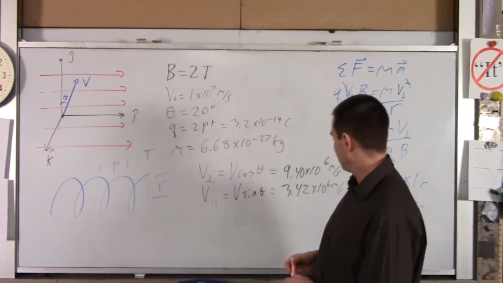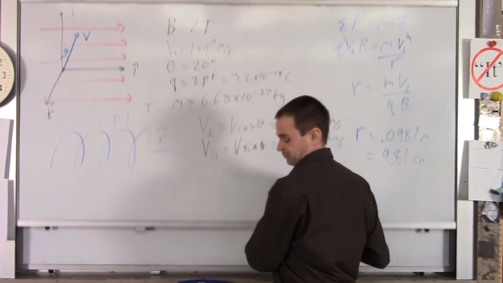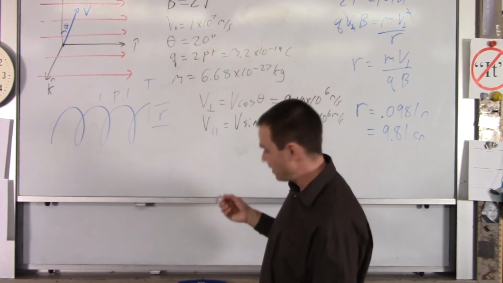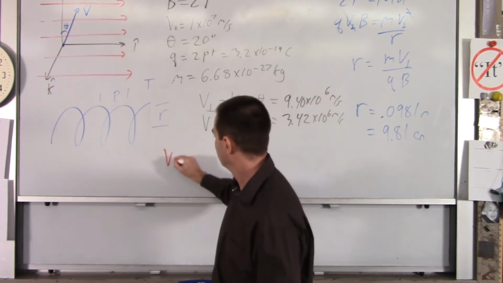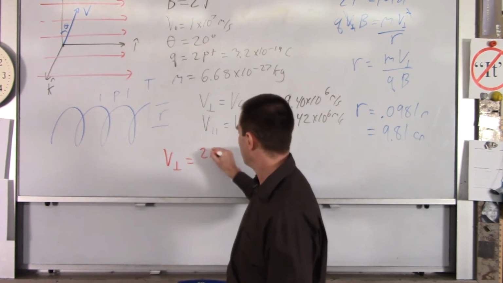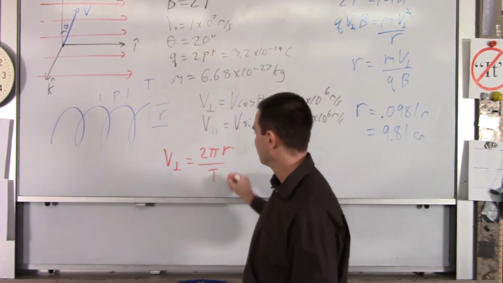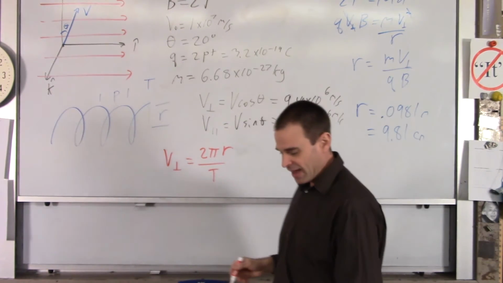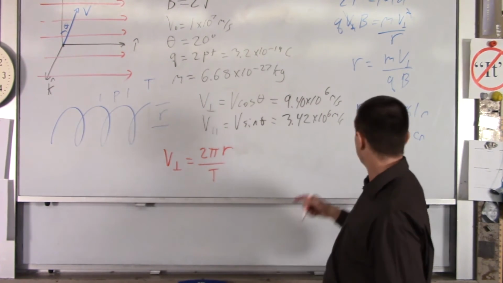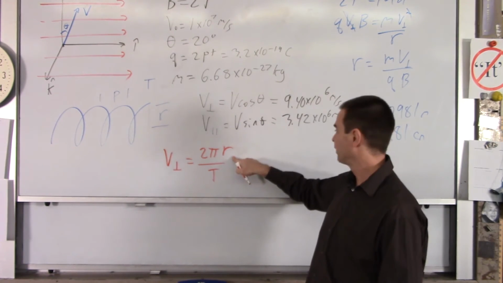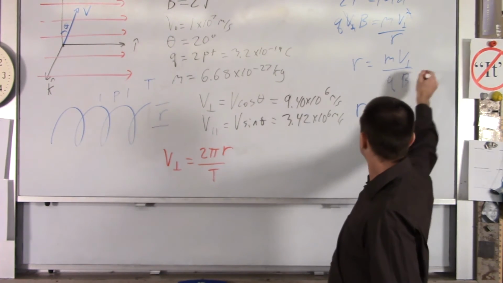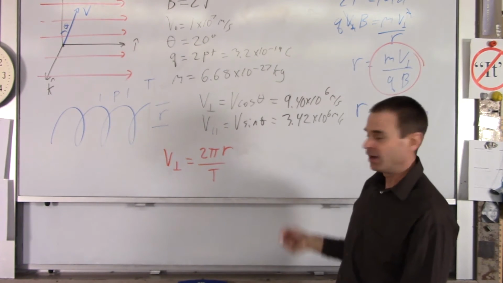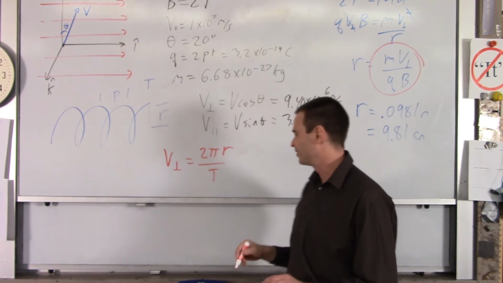We'll start with v. We know that v perpendicular is 2 pi r over the period. We just got an expression for r, and I could plug that number in here, but I'm going to actually plug the expression for it in, because something kind of cool happens when you do this.